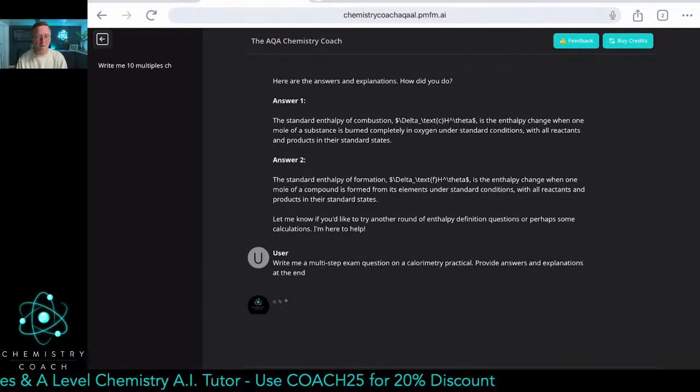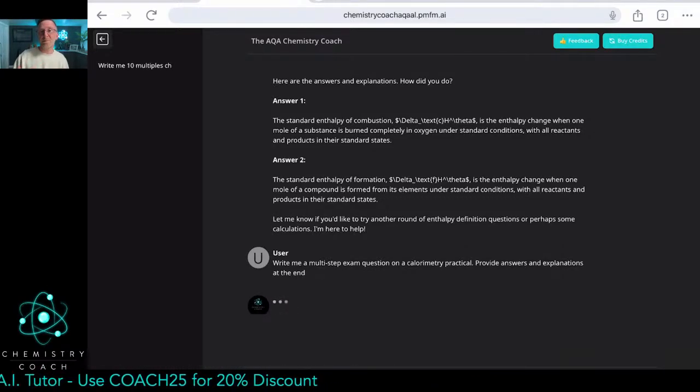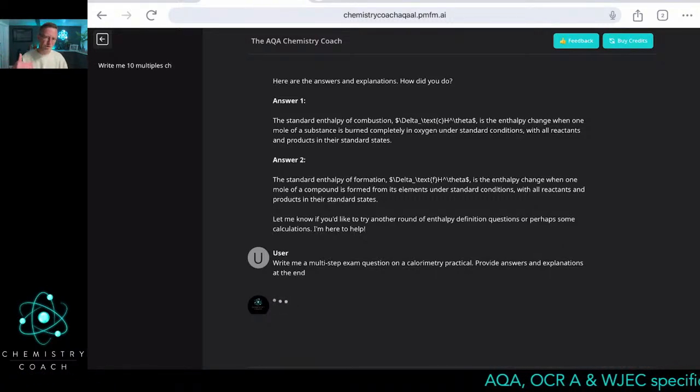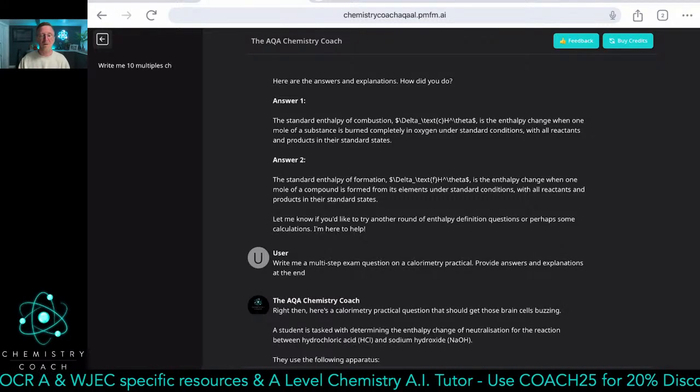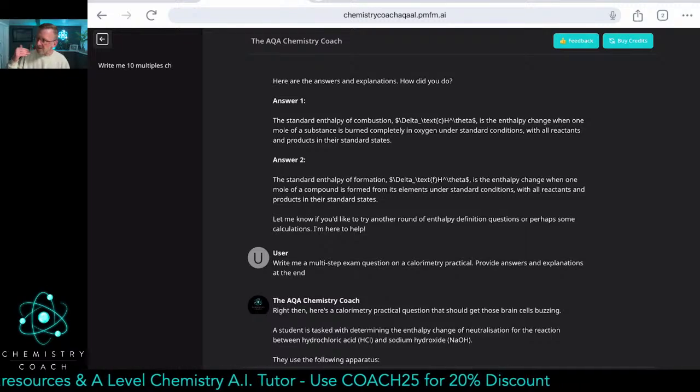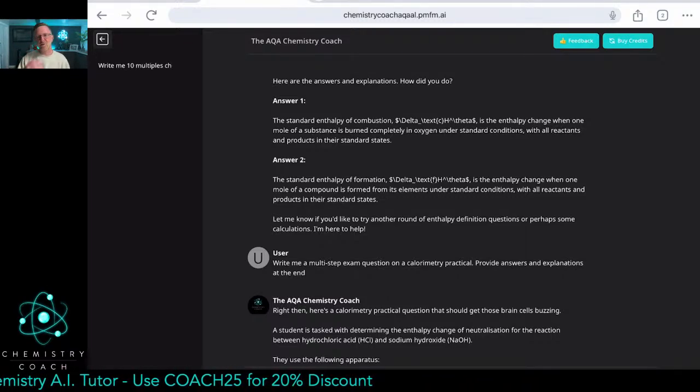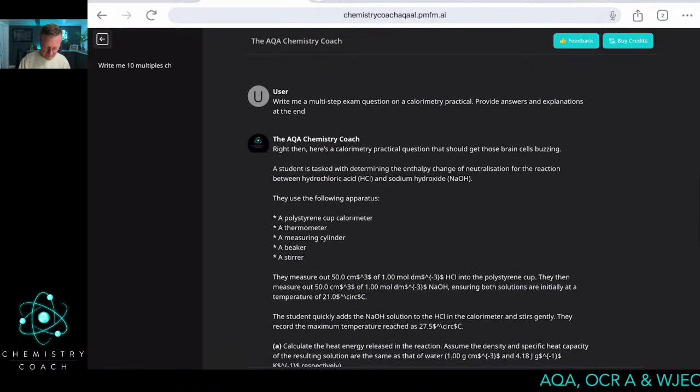So if we do this as well, what it should do is provide us with, it can't generate pictures. That's the only downside here. But what it will do is give you a structured exam question and the answers at the end for whatever you want it to test you on. I'm pretty sure if you asked it to write a test for, let's say, your OCR module 2, write me a 30-mark test on module 2, it will do it for you and give you all the answers, okay?